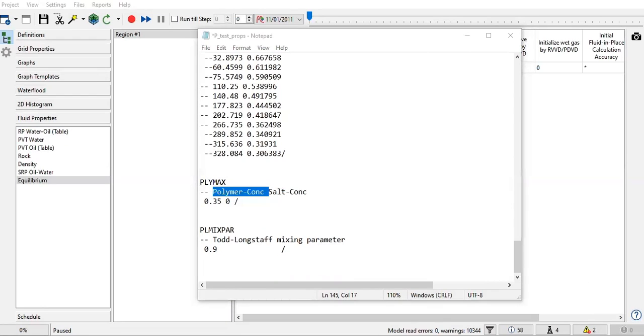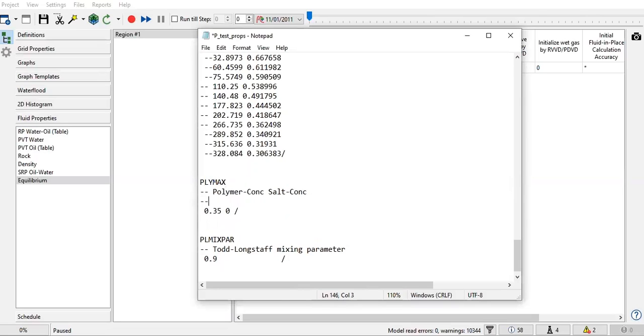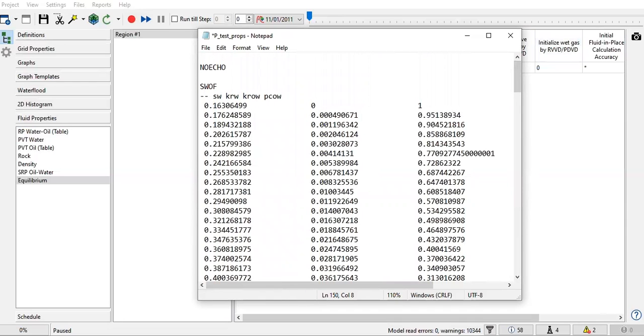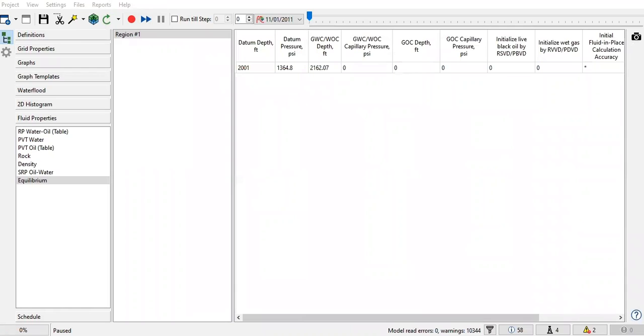So basically PLYMAX is, let me put it here, specify polymer and salt concentrations for mixing calculations. And lastly, this is the Todd-Longstaff mixing parameter. We defined it using this keyword. So as you can see, the property section is very, very important, right? All right, so we will continue.